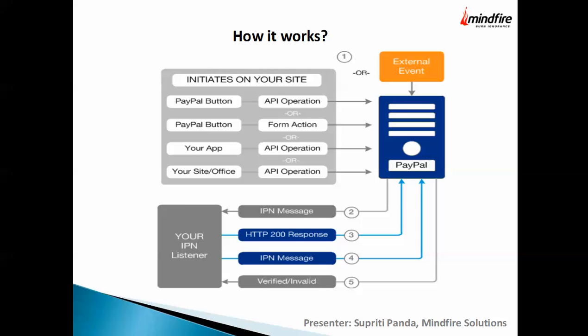So to confirm whether the IPN message really came from PayPal, you send the IPN message back to PayPal in the fourth step. After getting it, PayPal responds: if the IPN message is correct, it says verified, and if it is incorrect, it sends invalid.